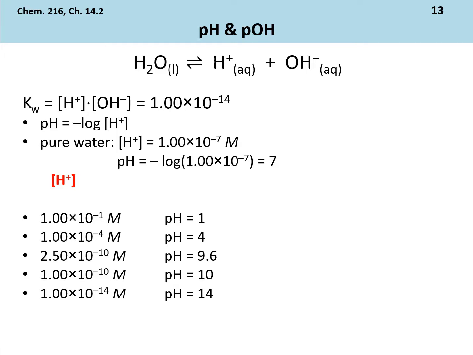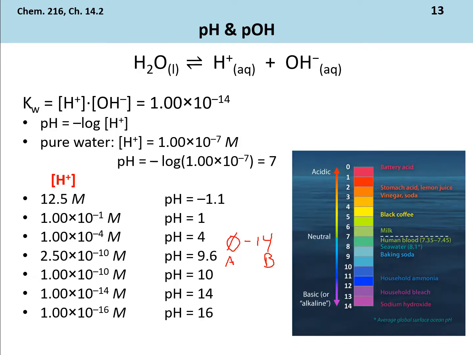Typically, we think of pH as ranging from 0 to 14, where 0 would be acidic and 14 would be basic. We can actually get things higher than 14 or lower than 0. For instance, 12.5 molar, we'd get a pH of negative 1.1. If I had 1 times 10 to the minus 16th molar, that'd be a pH of 16. But these are very rare.